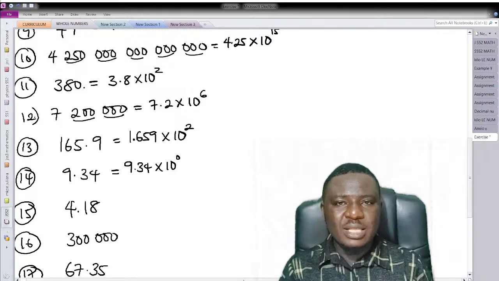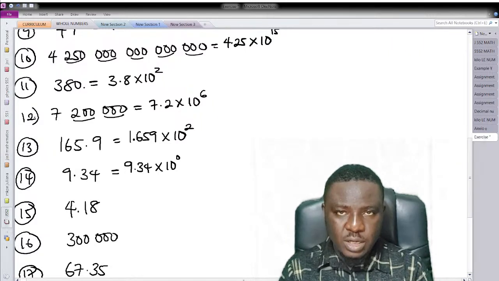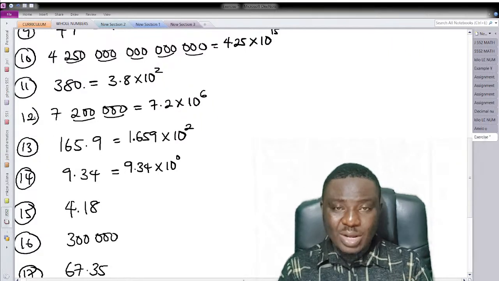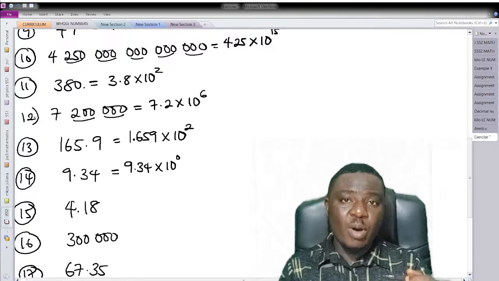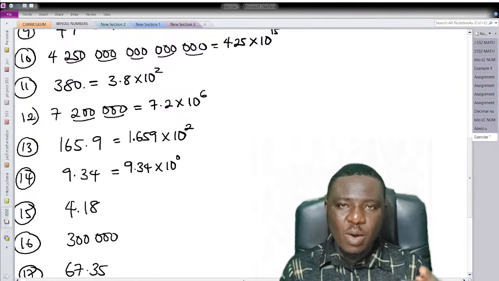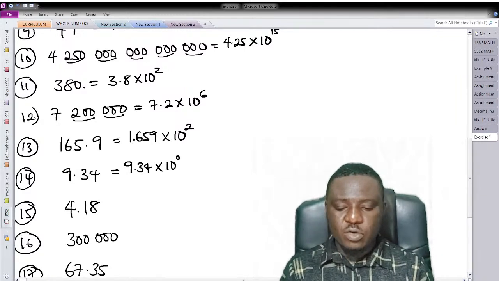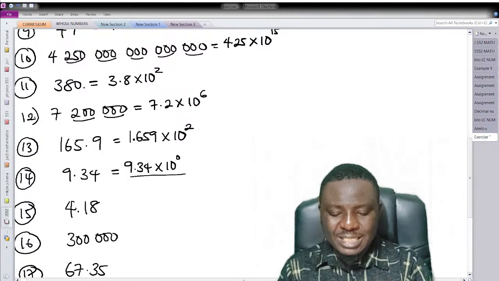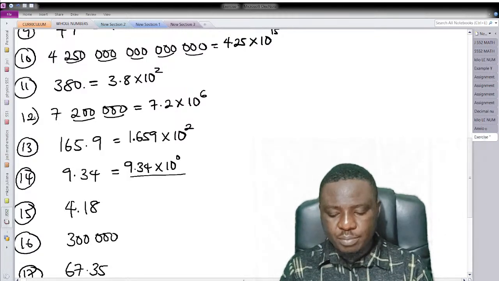Reason being that the decimal point was not moved. Also, 10 raised to the power of 0 is 1, and any number multiplied by 1 gives you itself. So, automatically, this is said to be in standard form.